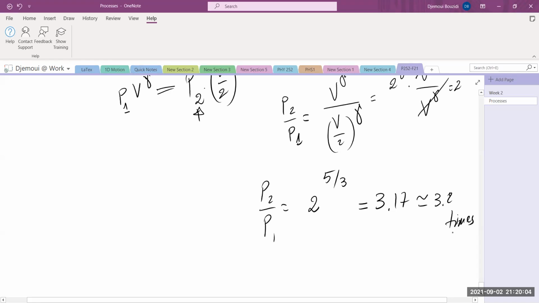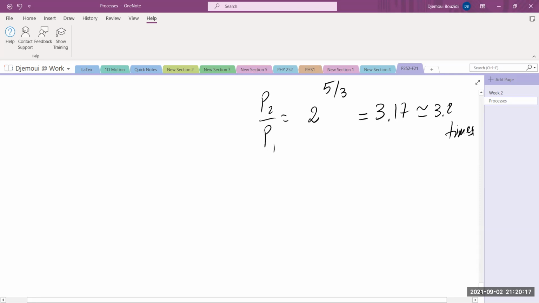So it went up by more than 3 times. So if a volume drops by a factor of half, the pressure goes up by a factor of 3 times if the gas was monoatomic. If the gas was diatomic, I have to do the same relationship, P2 over P1. It's still the same thing as 2 to the power gamma, except gamma now has changed. 7 over 5, okay?